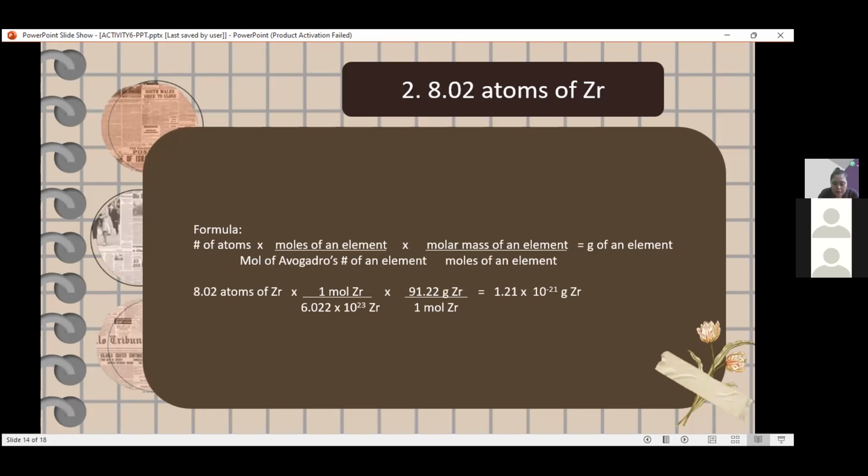This is 91 times 91 divided by 6.0221 times 10 raised to the power of 23. Yes, this is the correct answer. 1.21 times 10 raised to the power of -1.